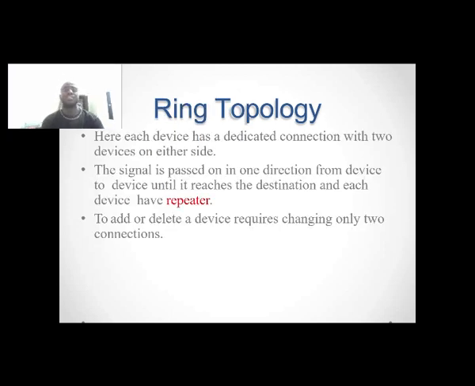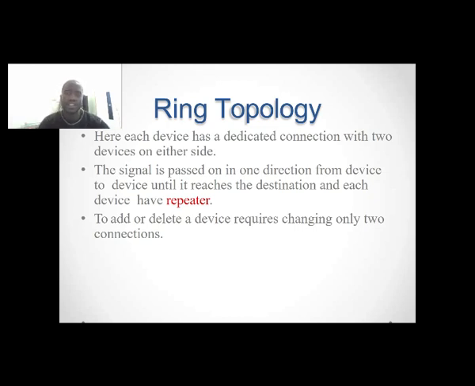So the next one is the ring topology. Here each device has a dedicated connection with two devices, one on either side. So every device on this type of network has a computer connected on both sides, the left and the right side.